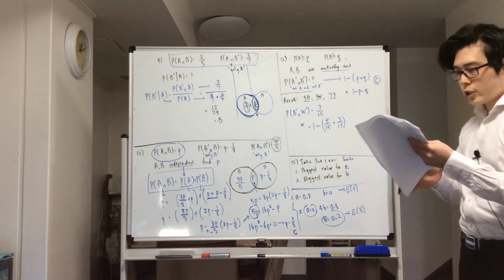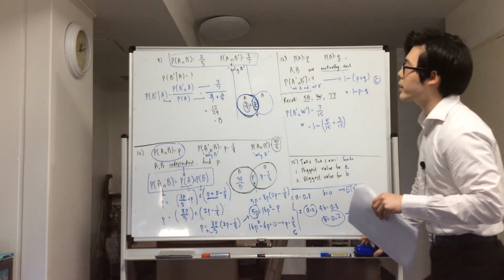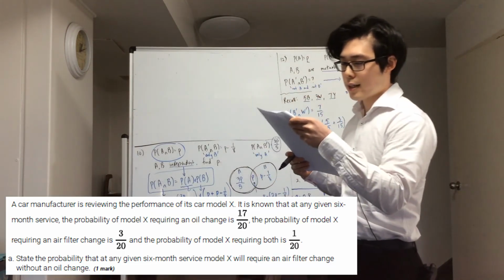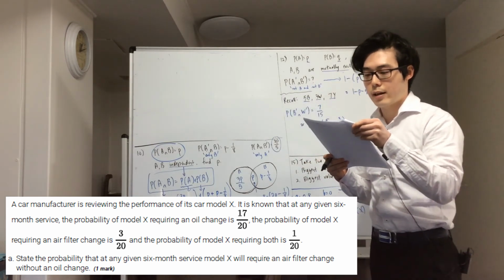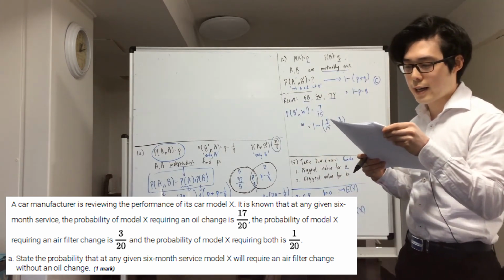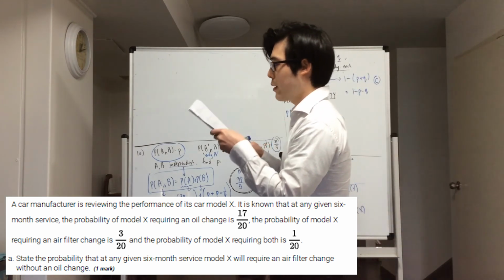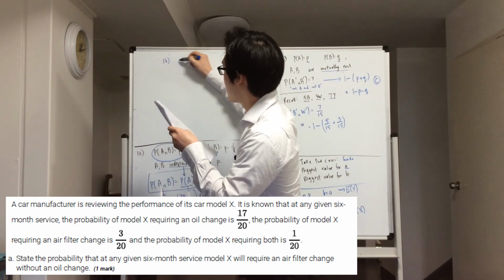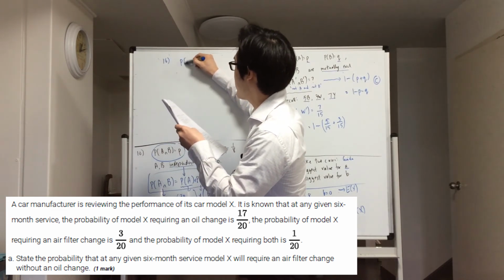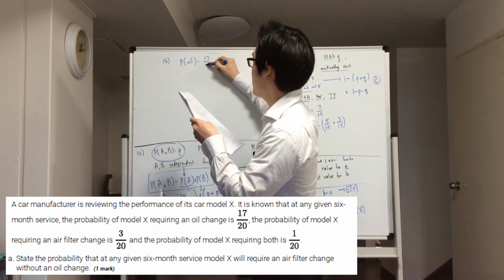All right, last question, girls, just the guide. All right, I'm just going to quickly rub off. Question 16, a car manufacturer is reviewing the performance of its car model X. It is known that at any given 6-month service, the probability of model X requiring an oil change, so I'll write it as that, is equal to 17/20.